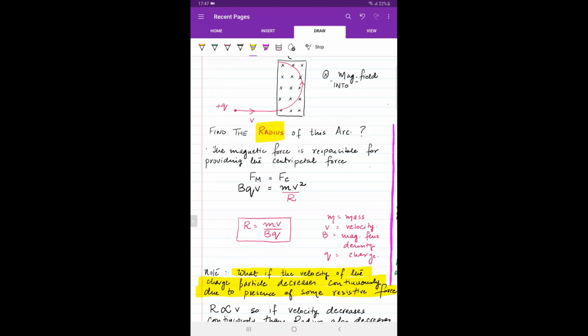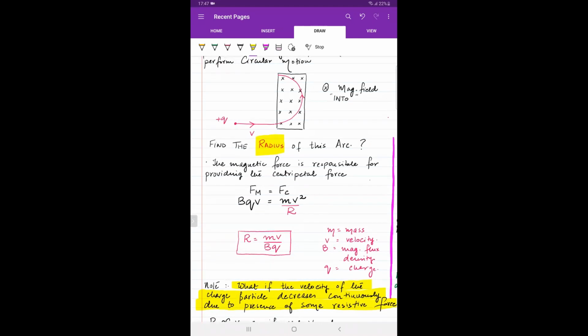So think of a charge particle whose velocity continuously decreases due to presence of some kind of a resistive force.